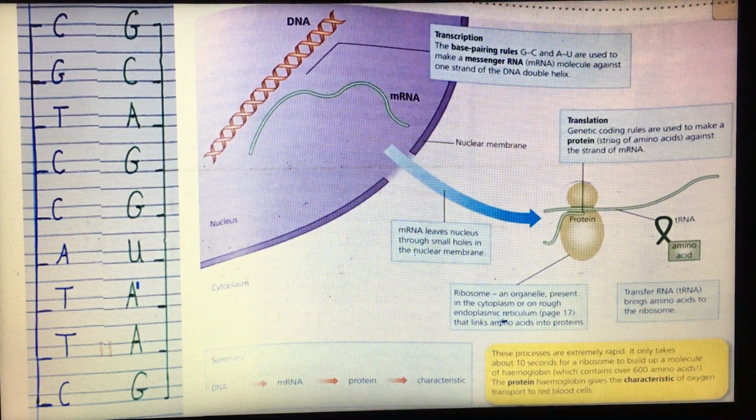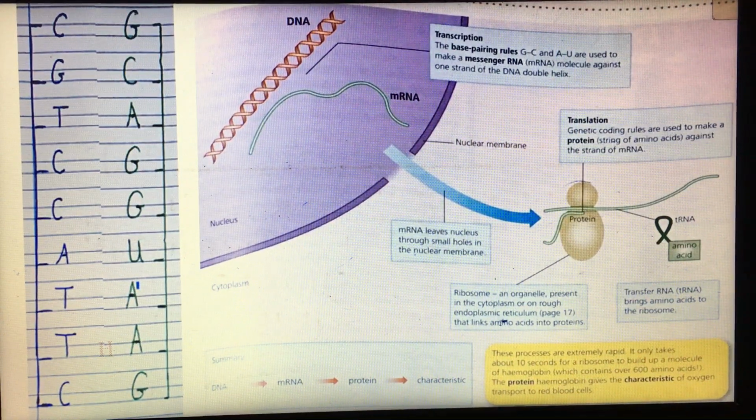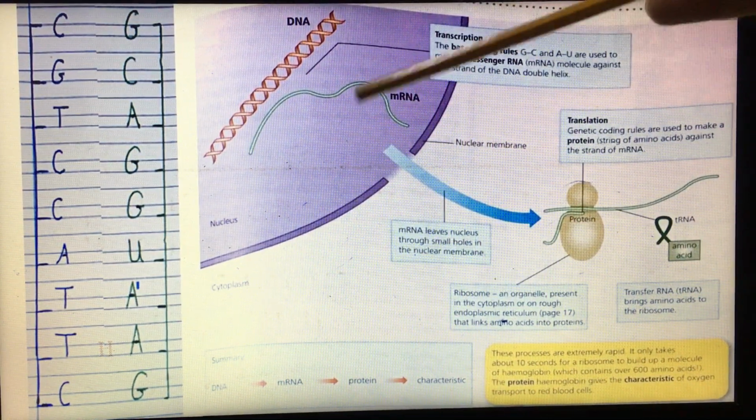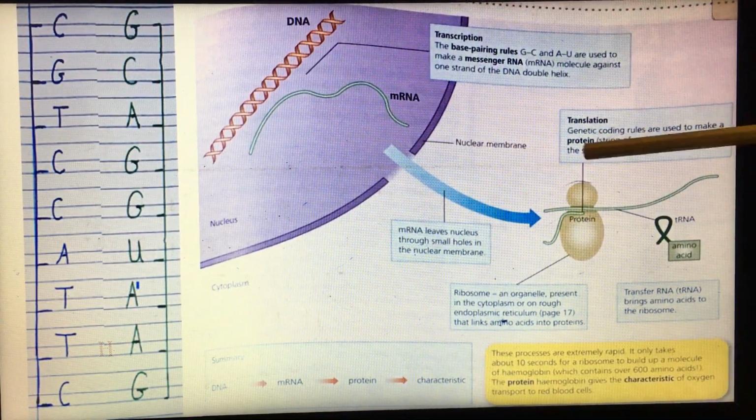Messenger RNA comes into the nucleus and copies the DNA code. So here we have DNA inside the nucleus. mRNA comes to the nucleus and copies the DNA code. And the mRNA will take this code out of the nucleus and it will arrive at the ribosome.